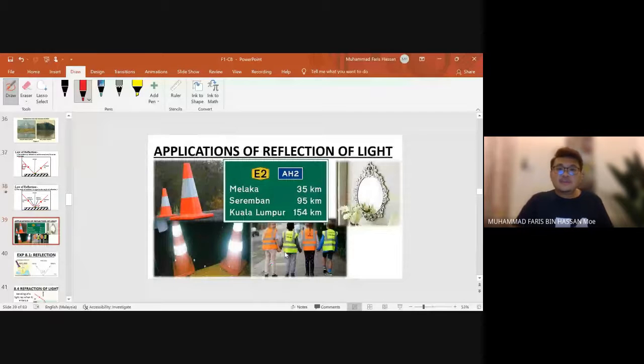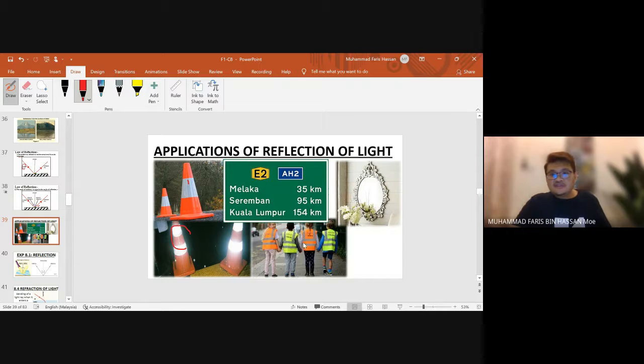Okay, now we go to the applications of reflection of light. As you can see here, these are certain applications of the reflection of light. These are the cones always used on roads. These can reflect light, so you can see them during the night, like this one. And this is what I always call a reflection jacket, but I don't know the exact name of this jacket.